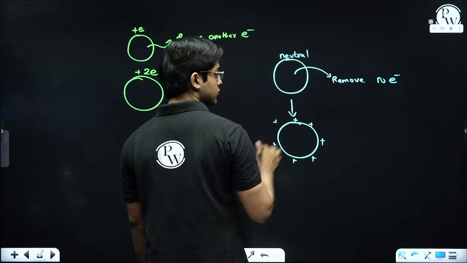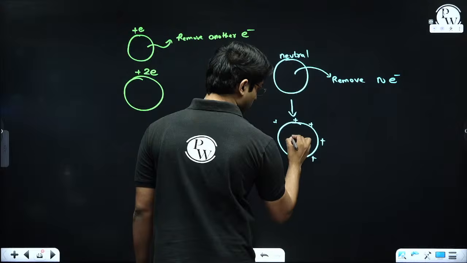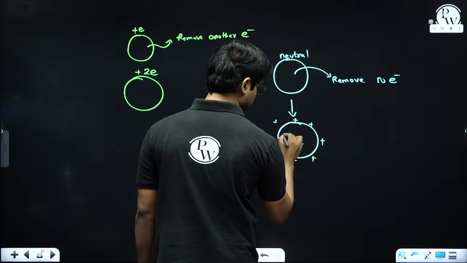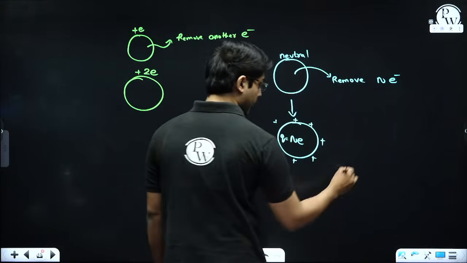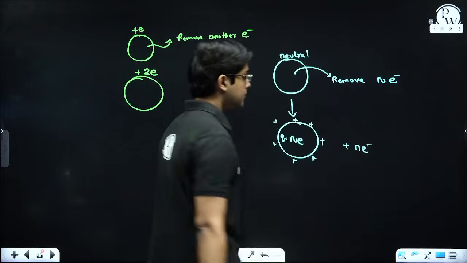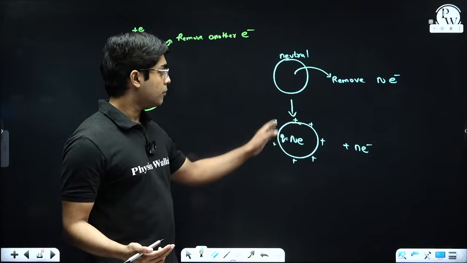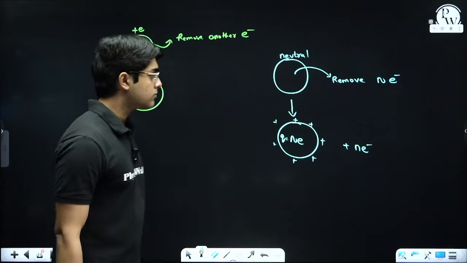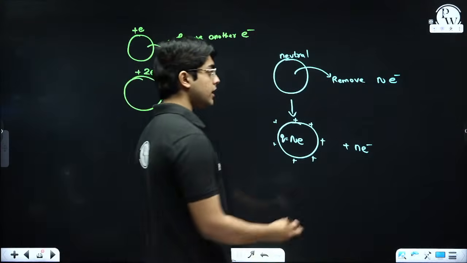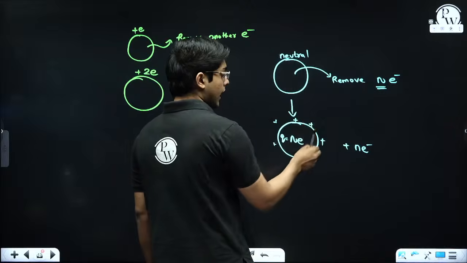And the new charge will be, so minus Ne was removed. So the charge on the neutral body will be plus Ne, right? Because n electrons were removed. So this is how we charge any body. We remove electrons one by one, okay? Or we can say we remove an integer number of electrons from any body, and that's how we charge up an object.